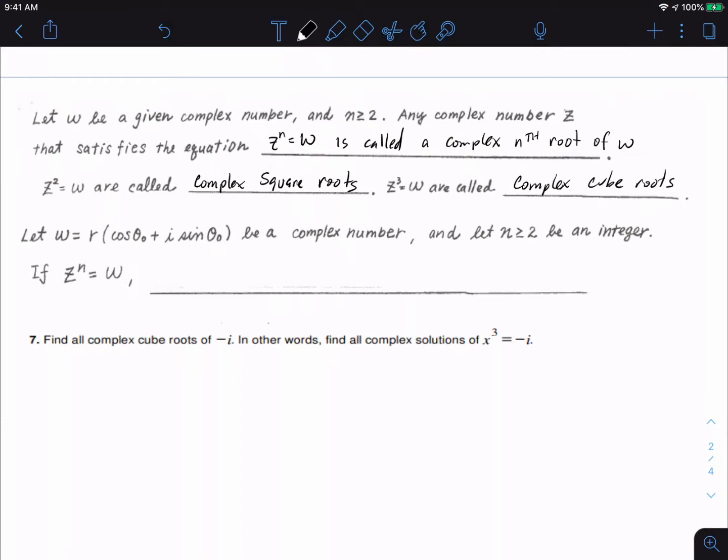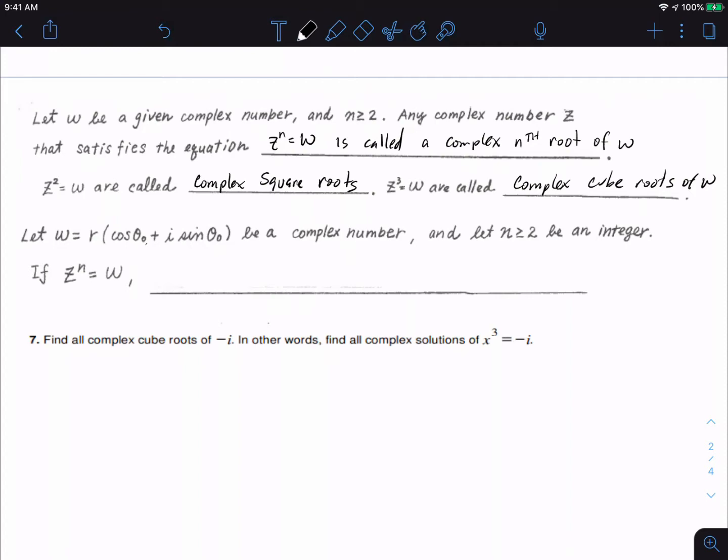We can call them plural roots, again, of W. So then we'll let W equal r cosine theta naught, that little zero there meaning the original or origin, plus i sine theta naught, be a complex number.